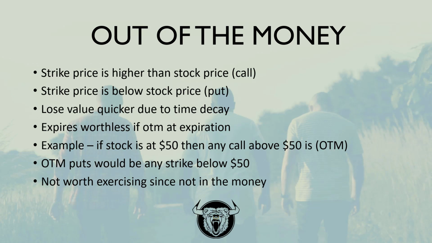I'll give you an example here. If a stock is at, let's say, $50, then any call option above $50 is considered out of the money. If you're looking at the put side, any strike price below $50 would be considered out of the money.